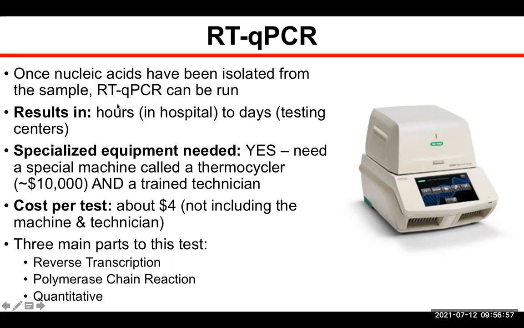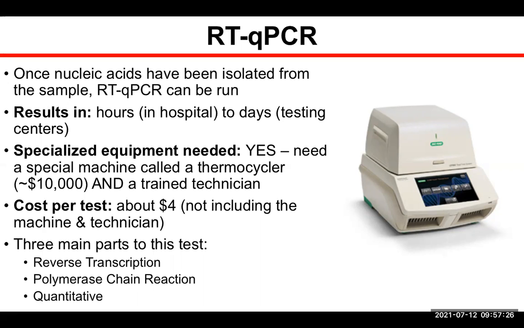When you perform the test, you'll get the results within hours if you're doing it in a hospital, or, as some of you may have done at testing centers, it will take a couple of days because the samples have to get sent all the way to a lab, and the lab has to process all the samples, and then they have to update all the information, versus if you're already in the hospital and you're a patient that's being specifically seen, then they'll contact you immediately.